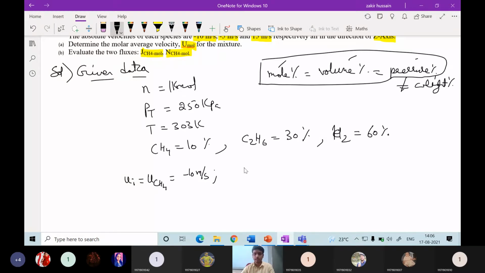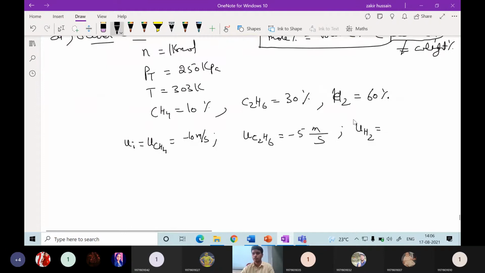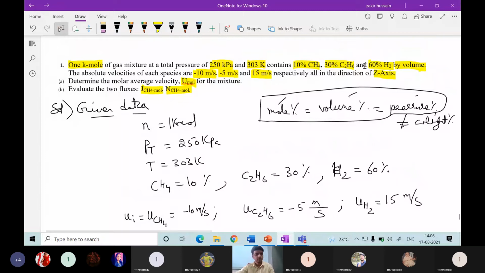Then u_C2H6 they have given as minus 5 meters per second, and u_H2 is given as positive 15 meters per second. This is the given data we have, and all this is taking place in the Z axis.